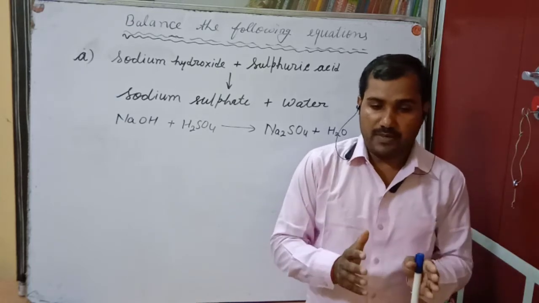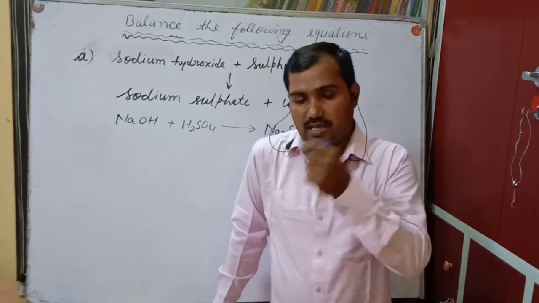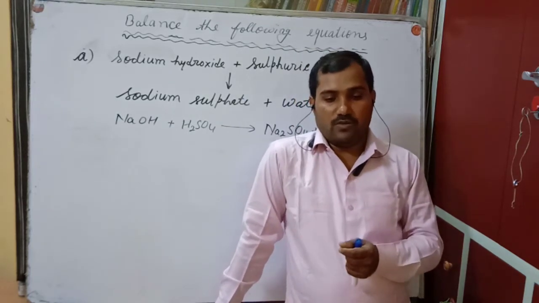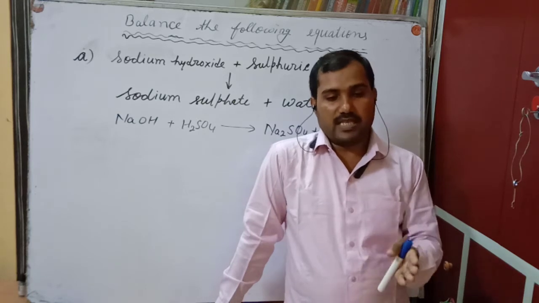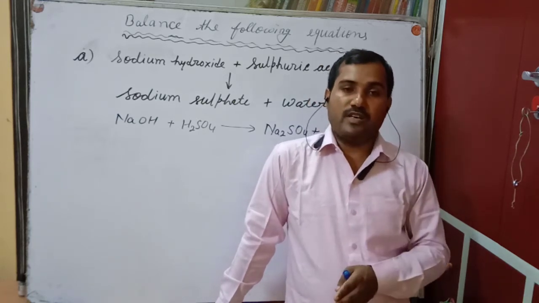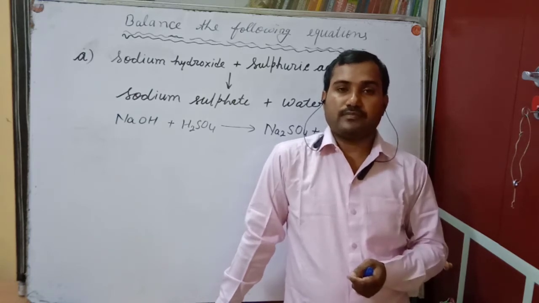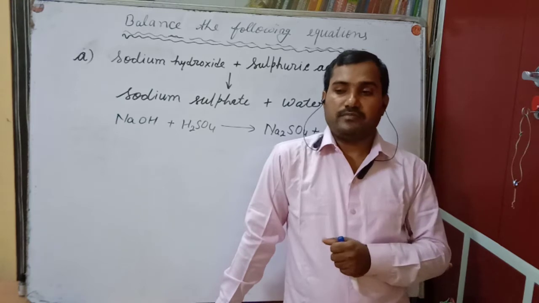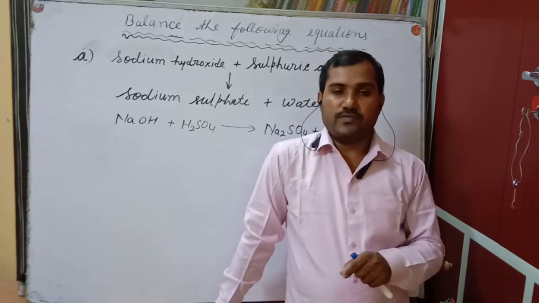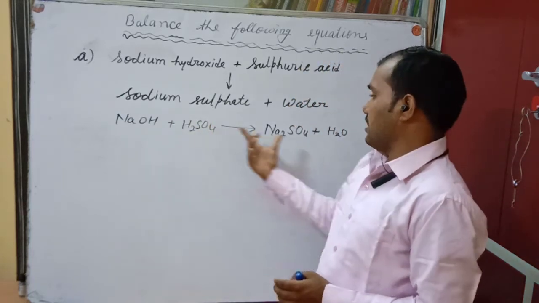According to the law of conservation of mass, mass can neither be created nor destroyed; it can change from one form to another. Another form of the law is that the total mass of the reactants is equal to the total mass of the products.